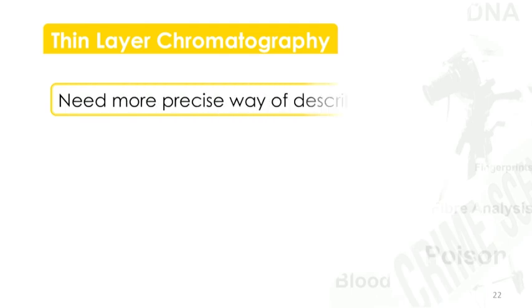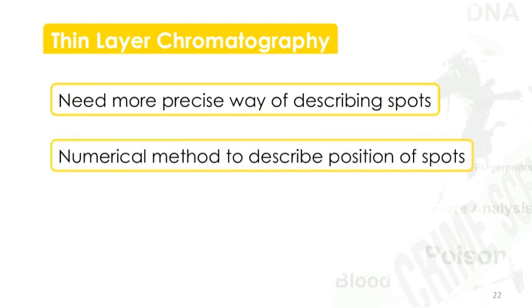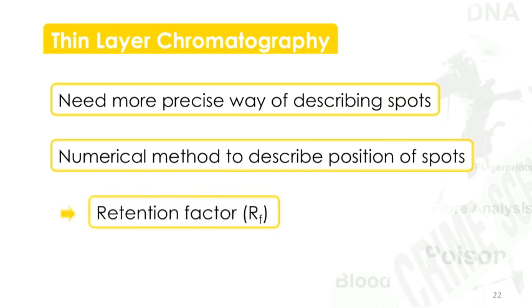Now, when we're discussing TLC, it's not good enough to say, oh, the spot up there or the spot down there. What we really need is some numerical method to describe the positions of the spots. And what we use is a number called the RF, which is the retention factor. And the RF is very simple to calculate.